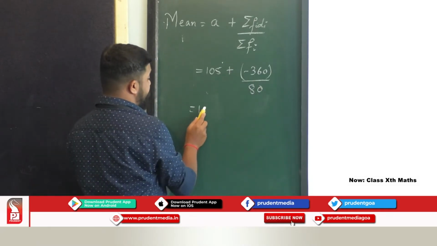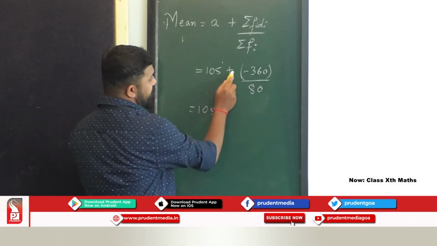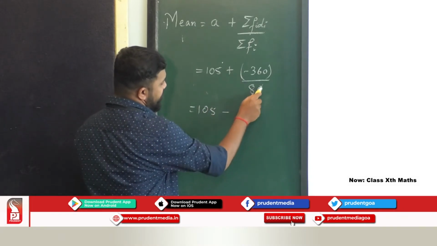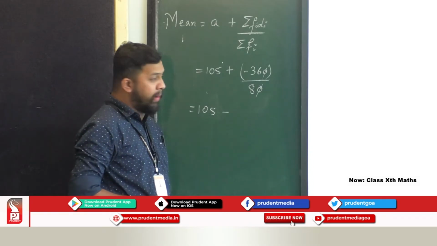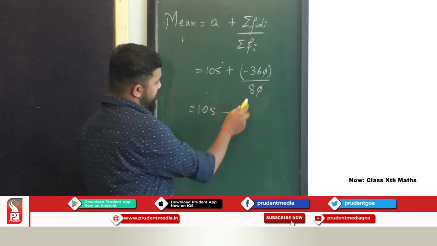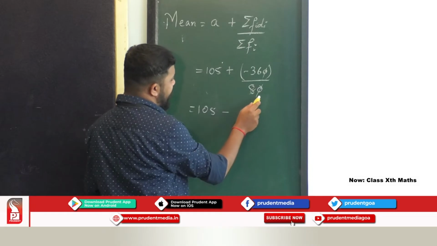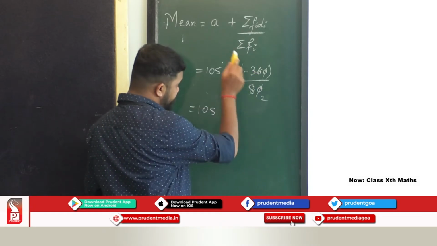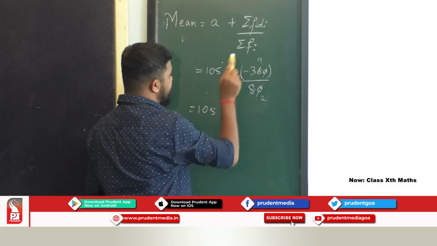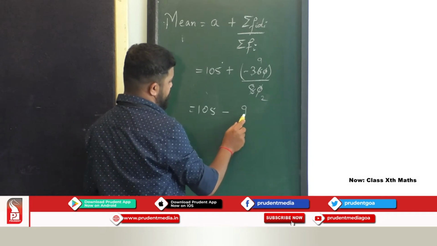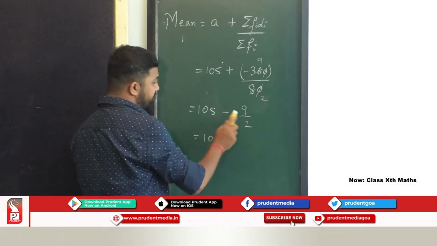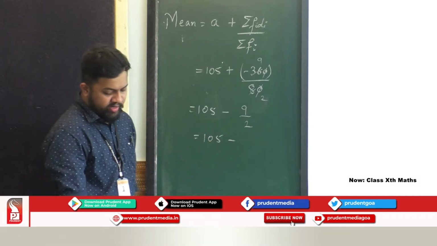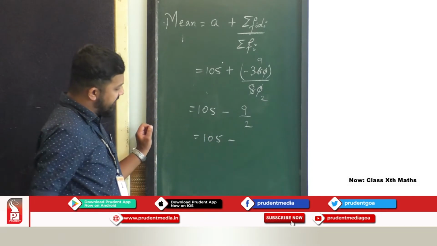So 105 plus into minus, minus 360 over 80. 36 and 8 you can divide directly with the 4 table. 4 2s are 8, 4 9s are 36. So it is 9 upon 2. 105 minus 9 by 2, and when you divide 9 by 2, you will get the answer as 4.5.